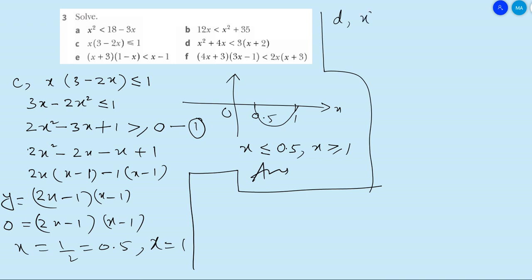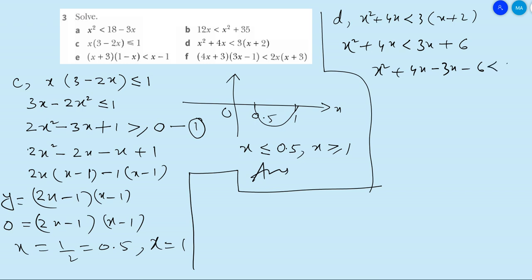Part D is x square plus 4x less than 3 into x plus 2. x square plus 4x less than 3 into x, 3x, 3 2s are 6. x square plus 4x, shift this 3x to this side, minus 3x minus 6 less than 0. x square plus 4x minus 3x is x, minus 6 less than 0.